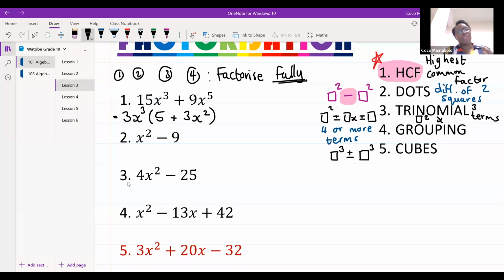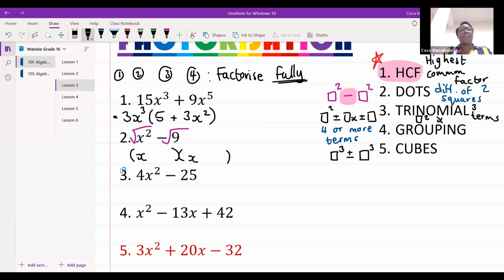Okay, so this is what I normally do, guys. As soon as I see dots, I open 2 brackets. And I know that there's a 1 in front of my x squared. And then I can square root both sides. What's the square root of that? And what's the square root of that? The square root of x squared is x and x.